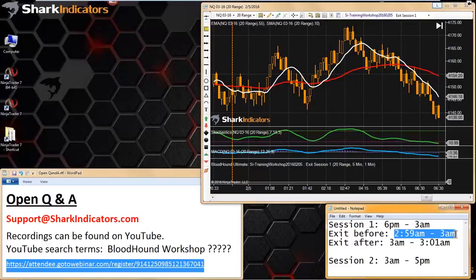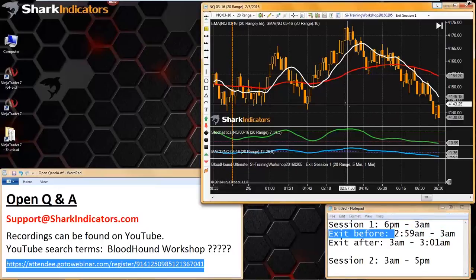So we set up a 1 minute time range, and we didn't get a bar that closed inside of that time range. So on this larger 20 range bar, there was no exit signal. So you will have to set up a time range that will work with the size range charts that you're using.